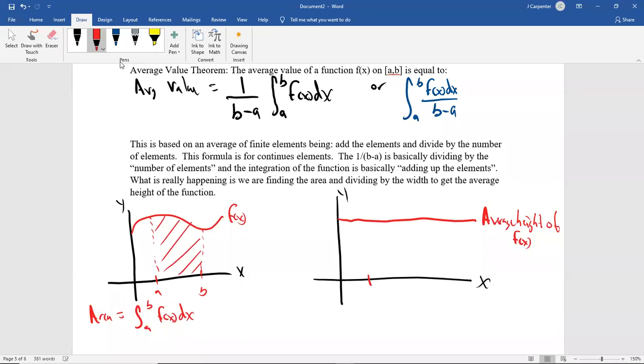And we're still going from a to b. We know this area is equal to the length times the width because it's a rectangle.